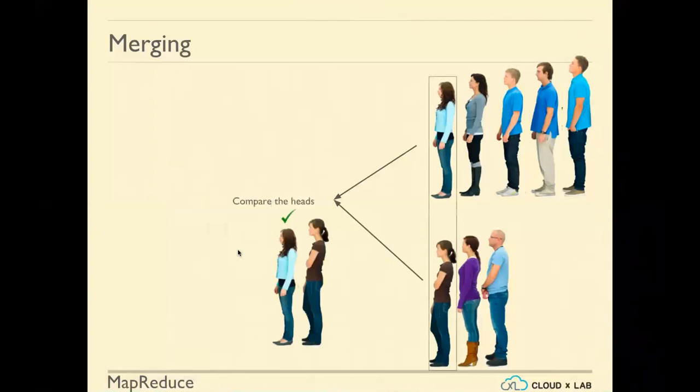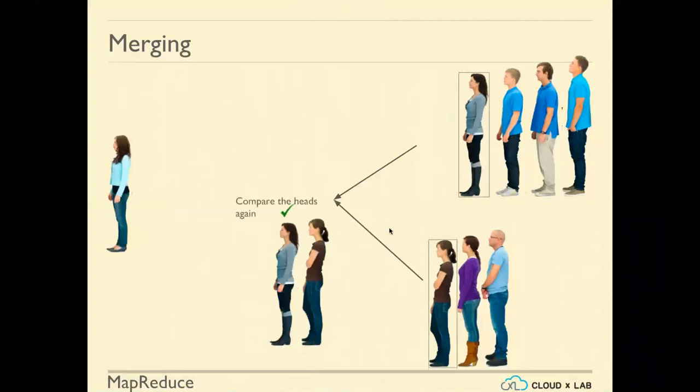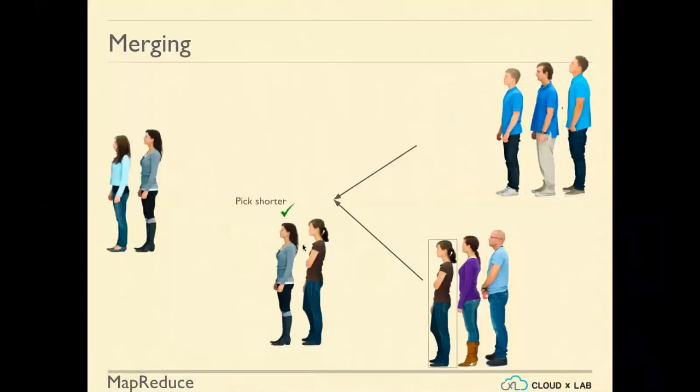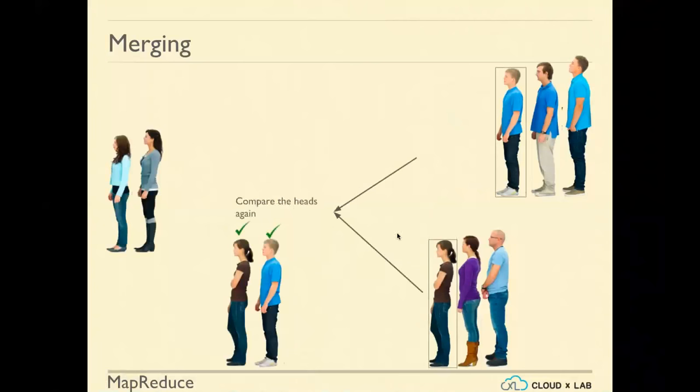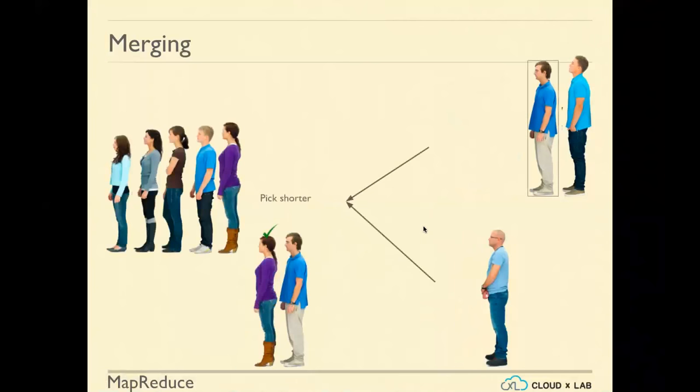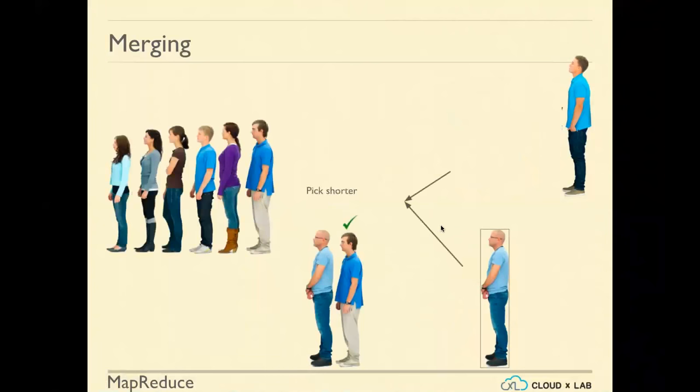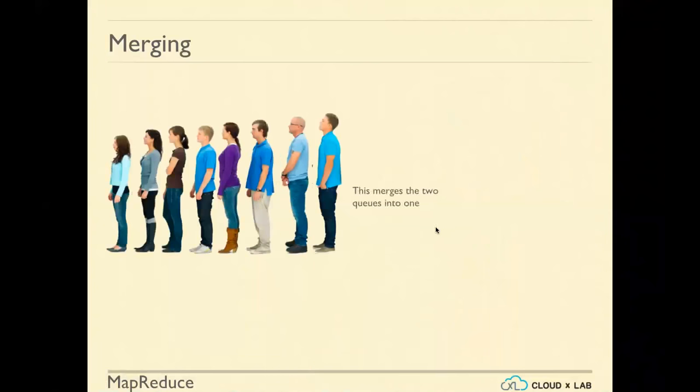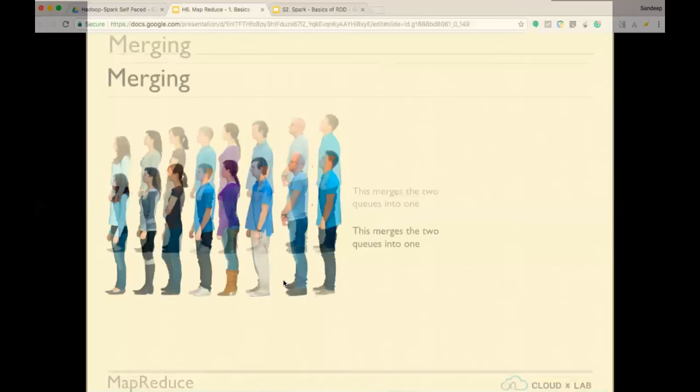Then we remove the one which has been picked, compare the head again and repeat the process. We keep doing it again and again, and we'll finally get the sorted queue. So I think you got how to merge the sorted queues.